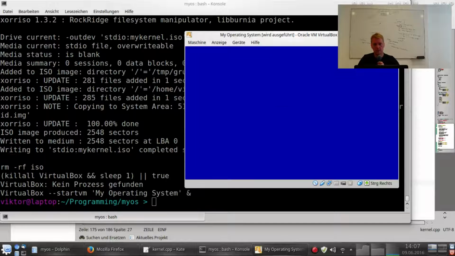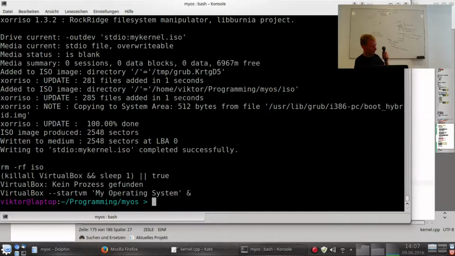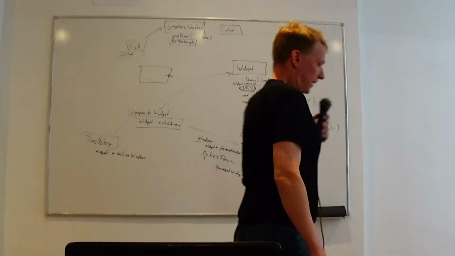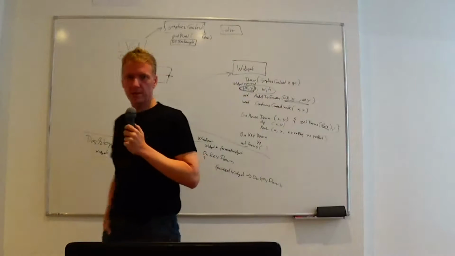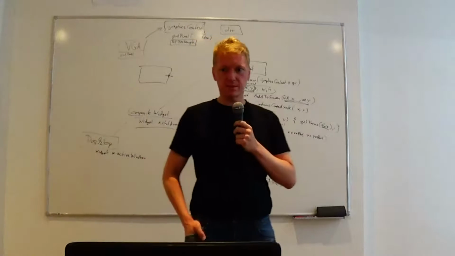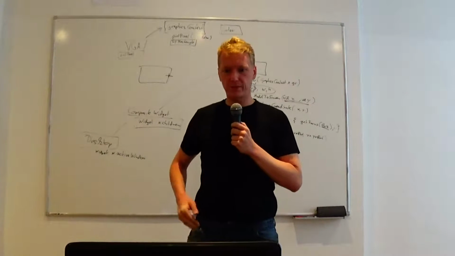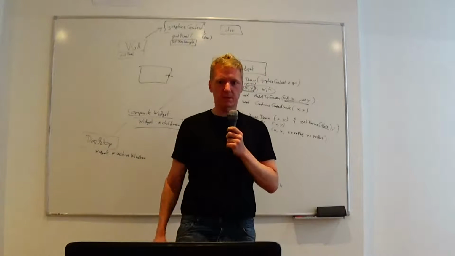Okay, so yeah, this is really all I wanted to do for the graphics mode. I think this is quite nice now. We have a desktop. We can have windows and composite objects.